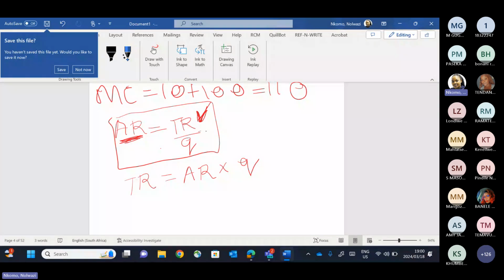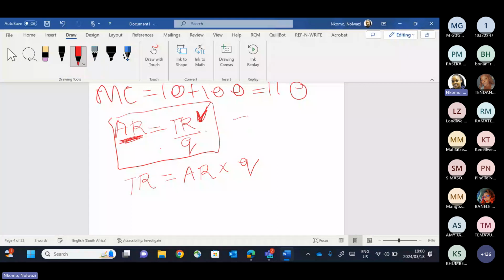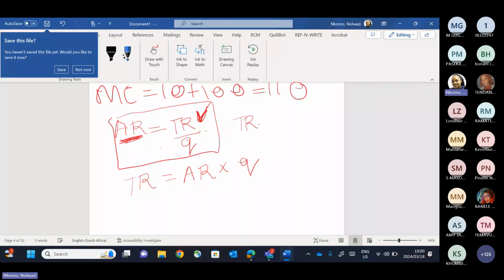We said total revenue is equal to the demand function times units demanded.